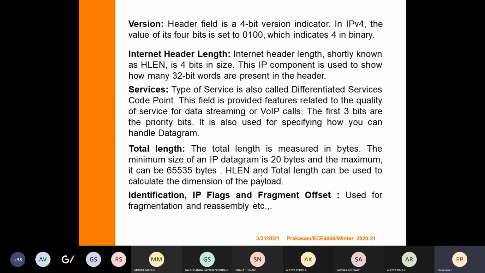The next 4 bits represent the length of the header. The next is used to represent the type of service. Then the next field is the total length of the IP datagram. Then identification, IP flags, and fragment offset are used for fragmentation and reassembly at the receiver side.